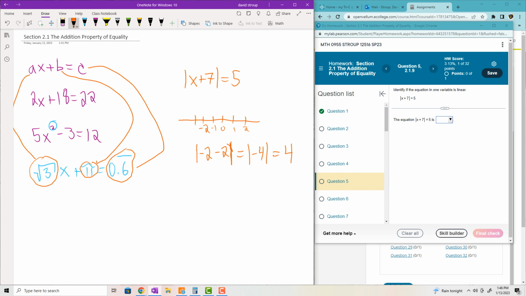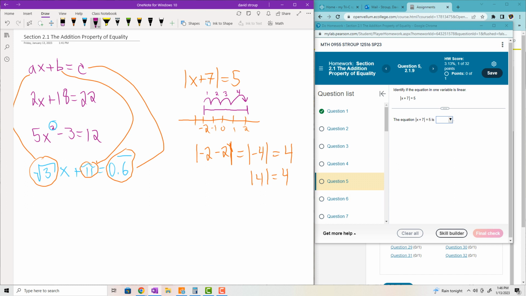If it was +4, the absolute value of +4 would also equal 4. But anyways, it's a measure of distance. It's the distance from -2 to 2, and you can literally count over. It's 1, 2, 3, 4 spaces.